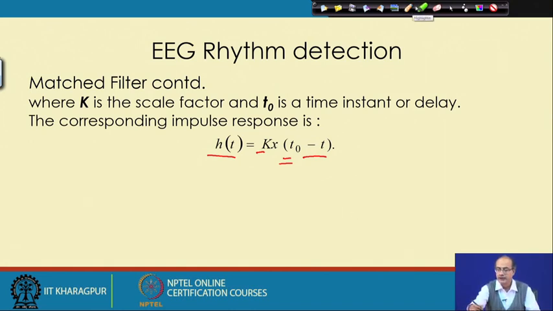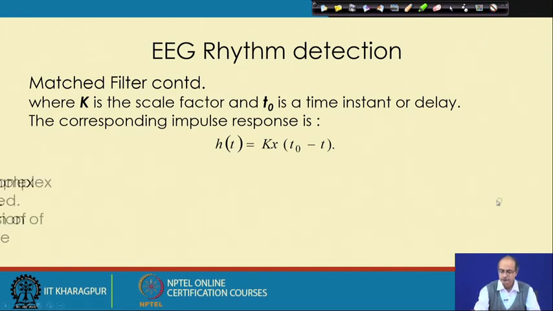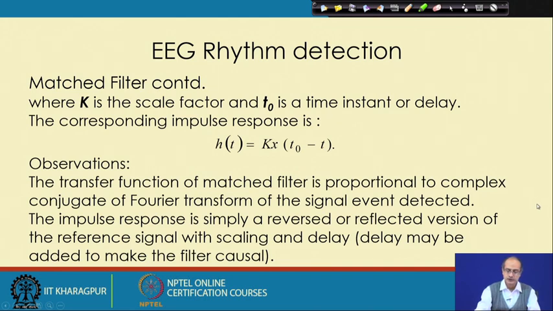So, we have flipped the signal and then taken the delay. Taking the complex conjugate of the Fourier transform gives the flipped version of the signal in the time domain.